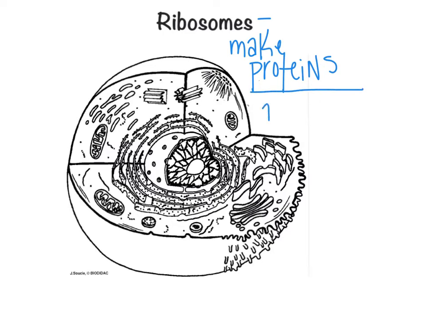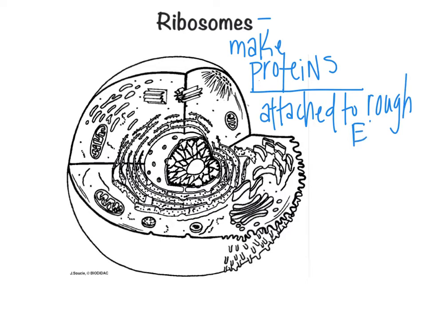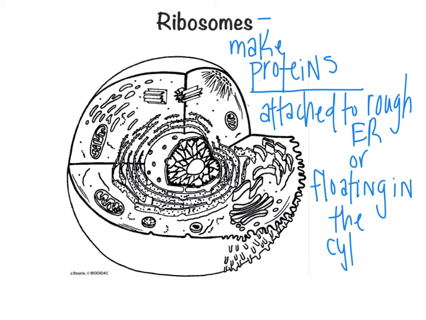They can either be attached to the rough ER, or they can just be floating in the cytoplasm. The cytoplasm is just that clear liquid in the cell that kind of holds everything together.